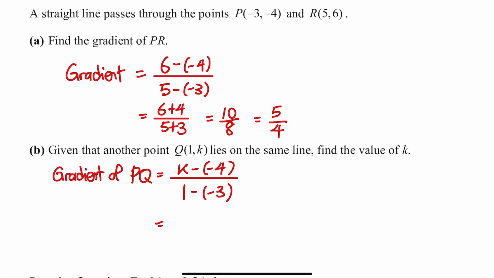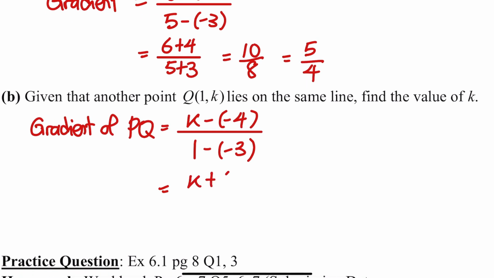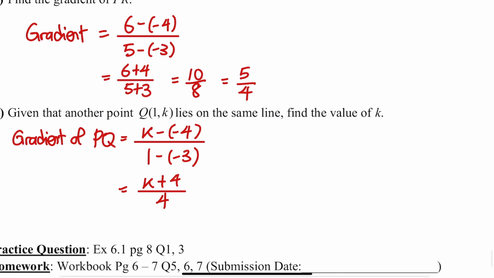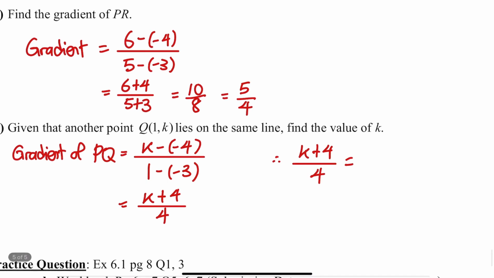Then from here, I continue to work out. Simplify this: k plus 4 over 1 plus 3, which is 4. Since it lies on the same line, k plus 4 over 4, the gradient of line PQ, is the same as the gradient of line PR, 5 over 4.